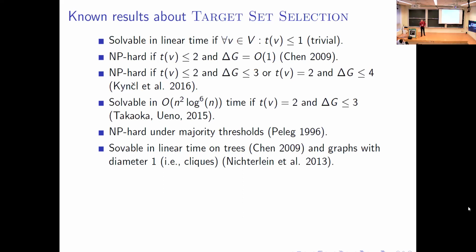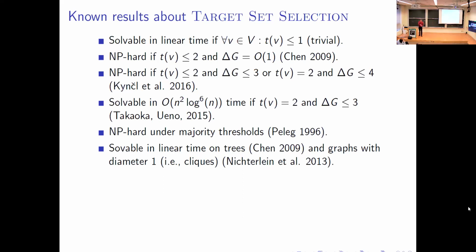I wanted to ask, what is the intuition behind the fact that allowing the threshold to be equal to 1 makes the problem harder? I mean, it's not harder when the threshold is equal to 1, it's trivial. It's harder in your first bullet, because if you disallow 1... Yeah, that's a good question. The intuition behind why it's hard if we disallow 1 is that imagine you have a vertex with threshold 1, and then you can spread the opinion from the vertex to many neighbors.